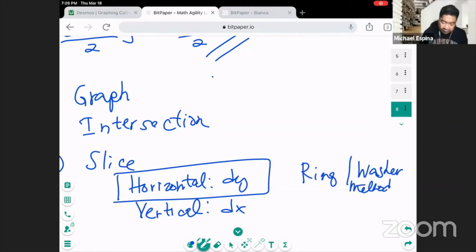And for the vertical slice, this would be the method of cylindrical shells.